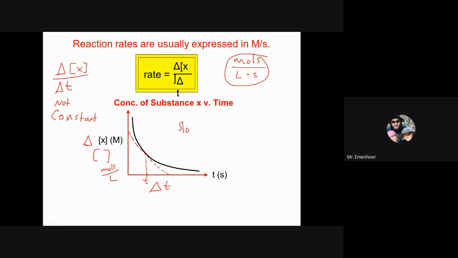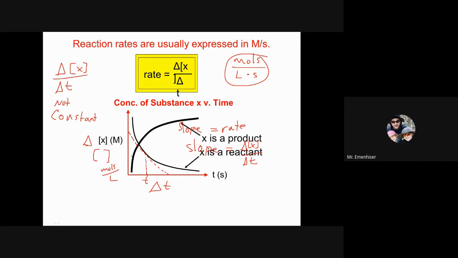Slope equals rate. It's very important to understand. The slope will equal the change in the concentration over the change in time. We could put x in there if we wanted to.